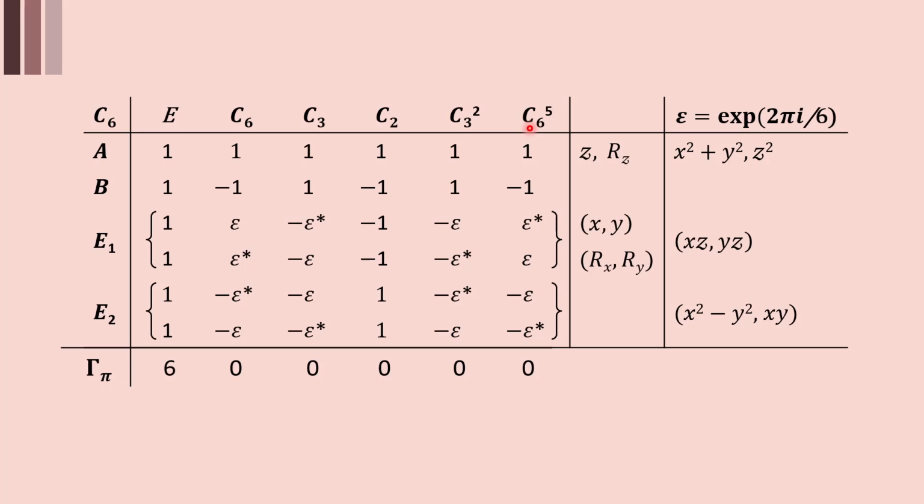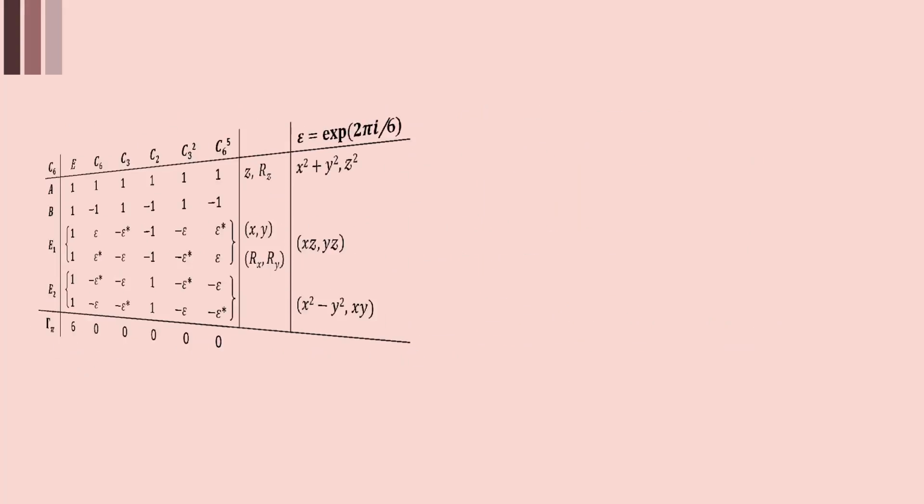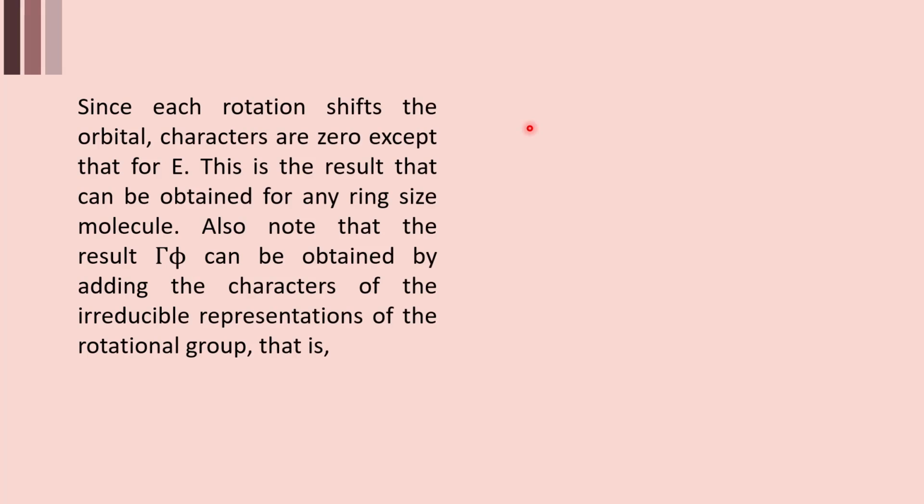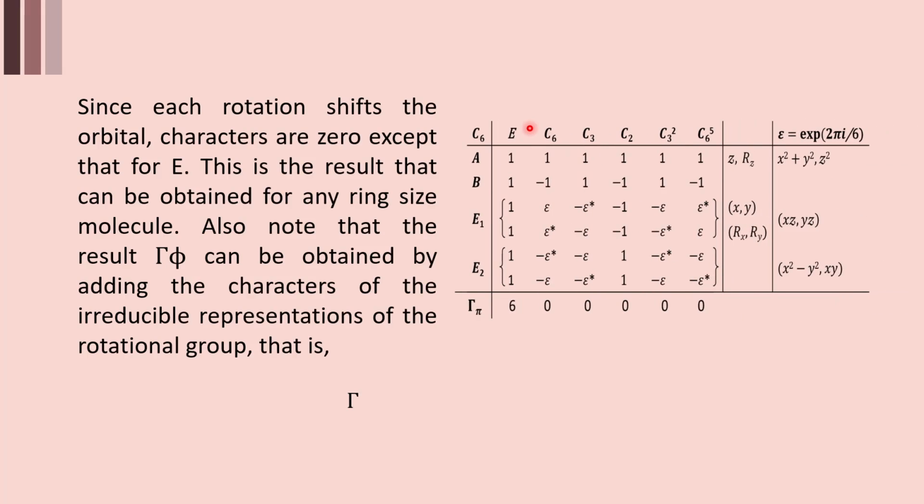Very interestingly, identity is the major contributing factor and the rest of the elements are 0. If you decompose them, you find A plus B plus E1 plus E2. So each of them comes once in our picture, and this is very interesting.